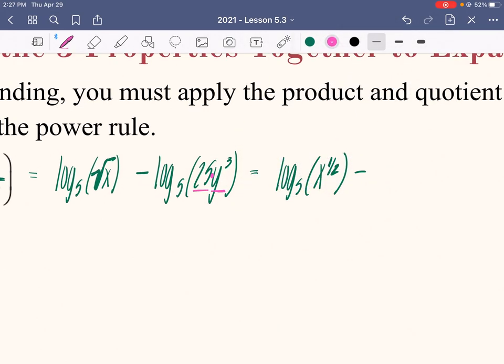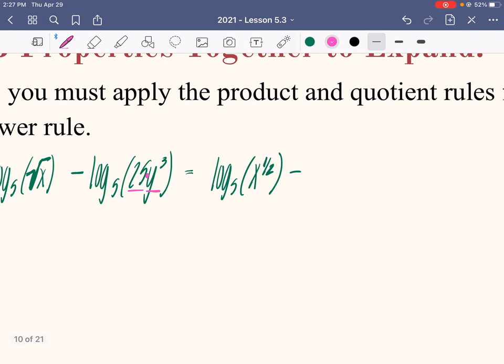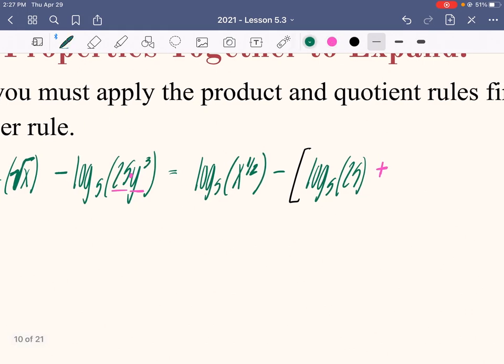So I have 25 times y cubed here. So this is going to be minus this whole thing, okay, log base 5 of 25 plus log base 5 of the y cubed. Okay, so here's the 25 and here's the y cubed.